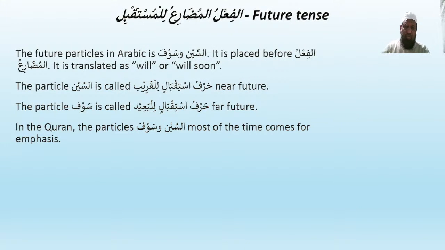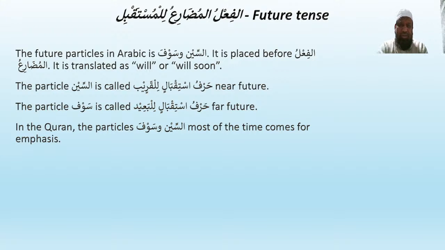Now let's move on. الفعل المضارع للمستقبل, future tense. In the beginning, when we learned الفعل المضارع, we said the meaning of فعل المضارع is that it gives the present meaning and future meaning. Okay.